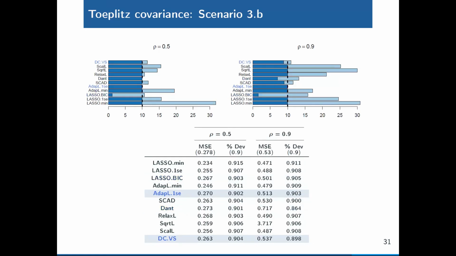Next, if we simulate under scenario 3.b, where relevant covariates are placed every 10 locations, we can appreciate that almost all procedures have a lot of noise trying to recover the complete set. Only one algorithm is able to correctly recover the set S without interchanging relevant covariates for irrelevant ones.